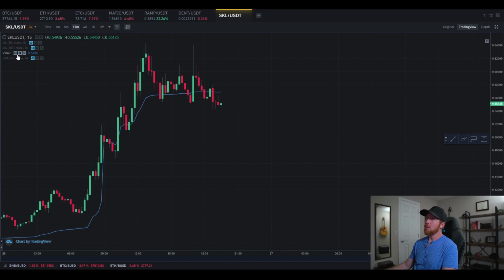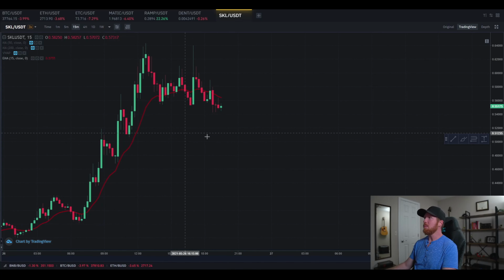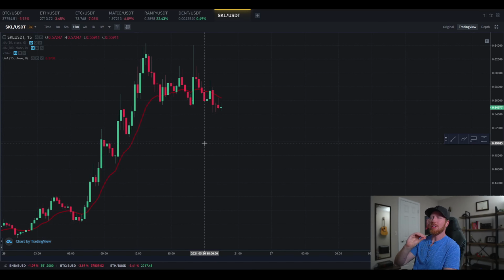Okay. So if we remove that and we look at the EMA now, this is the exponential moving average. Instead of taking a simple average expressed as a price, it has a special calculation, which you can look up on your own, and it moves a lot faster, it responds quicker to price movement.